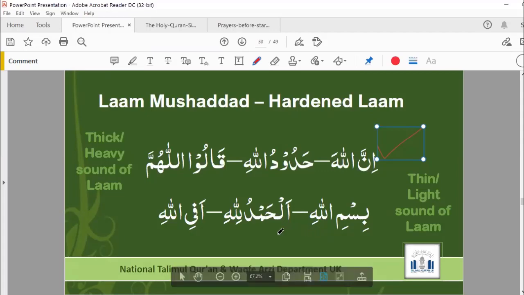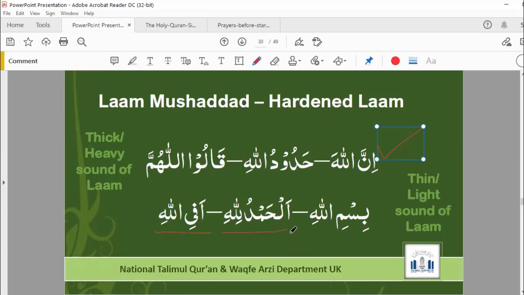Now read these two words, please. This other one is read with a thin sound. It's still the name of Allah, but if it is preceded by kasra, the sound would be flat. Bismillahi.